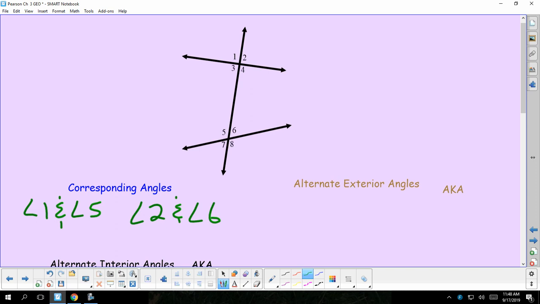So if we look at angle 3, what corresponds with angle 3? Angle 7, very good. And then angle 4 and angle 8, very good.